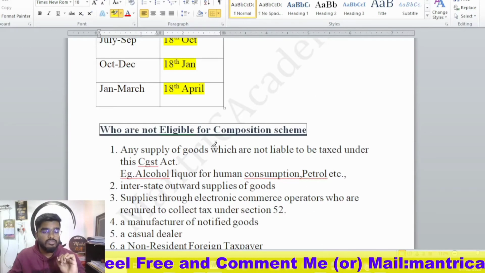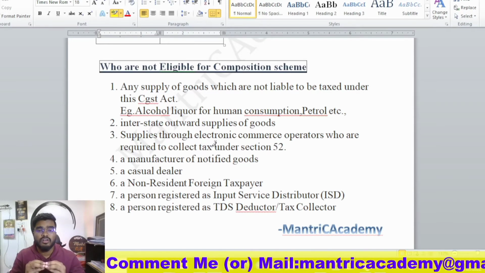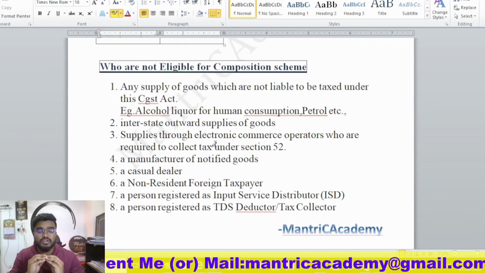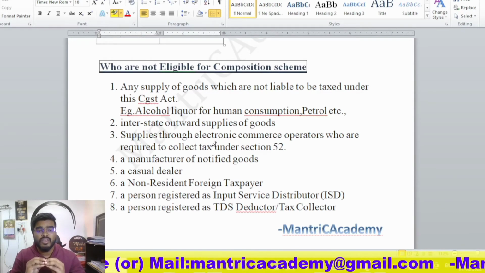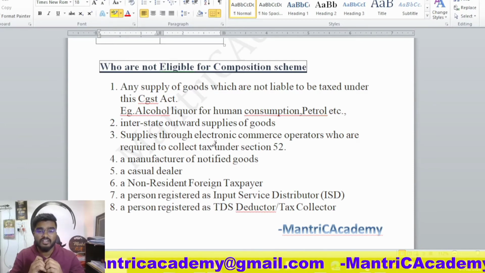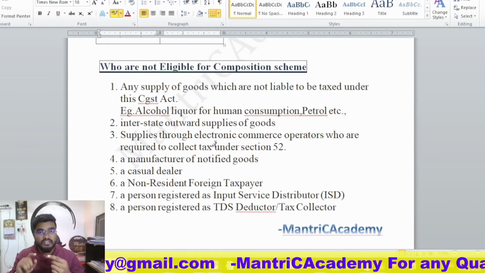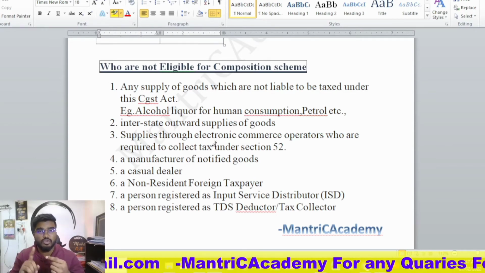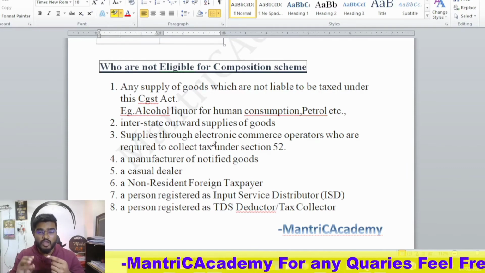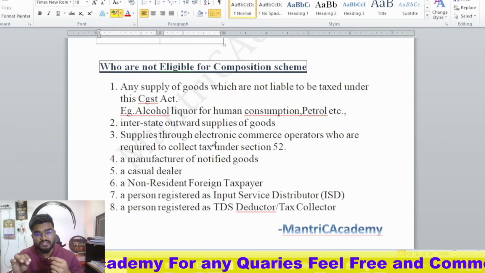Who is not eligible for composition scheme? This scheme is applicable if these conditions are not violated. Any person whose goods are not taxable under this Act is not eligible for composition scheme. Interstate supply of goods is not eligible. If you are in a composition scheme, you have to supply within the state.